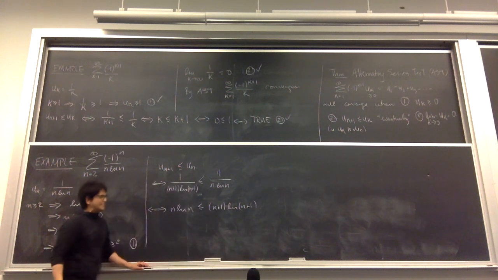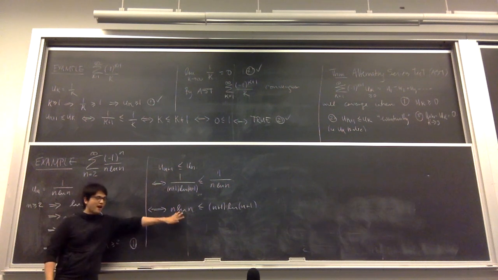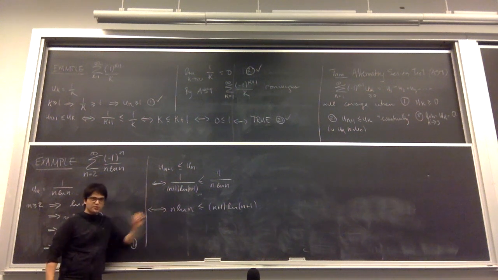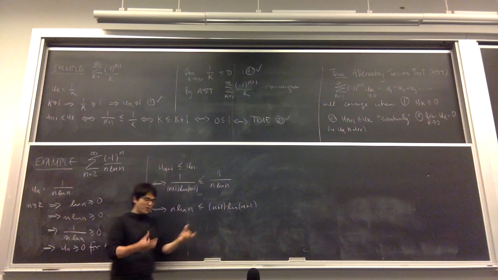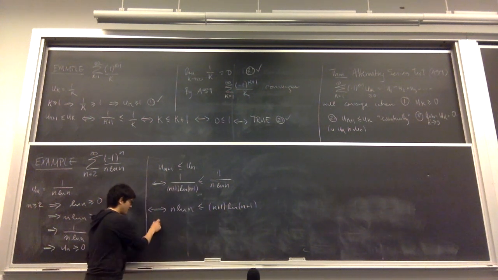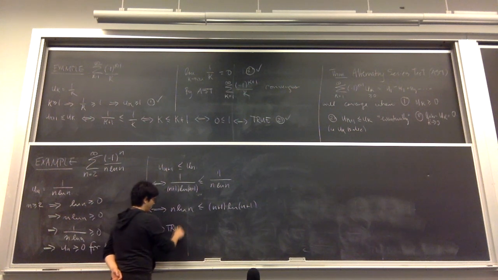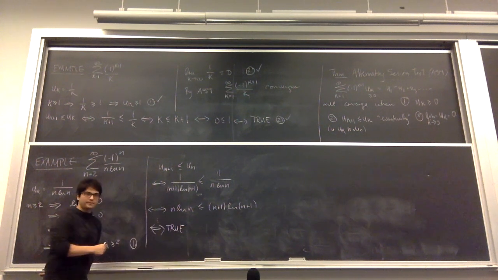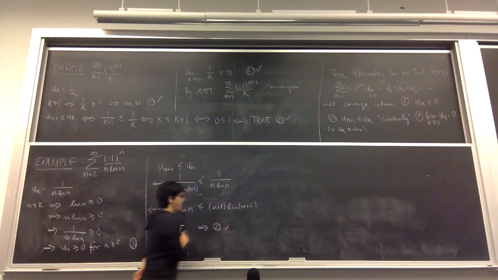Now, I think this is obvious enough. Is everyone comfortable on just seeing this as being a true statement? This n is smaller than n plus 1, and this thing is smaller than this. So both of these things are correspondingly smaller than both of those things. I'll put some dots, maybe if you want to put in more details, but eventually this ends up being true. So that means we have 2 is satisfied.